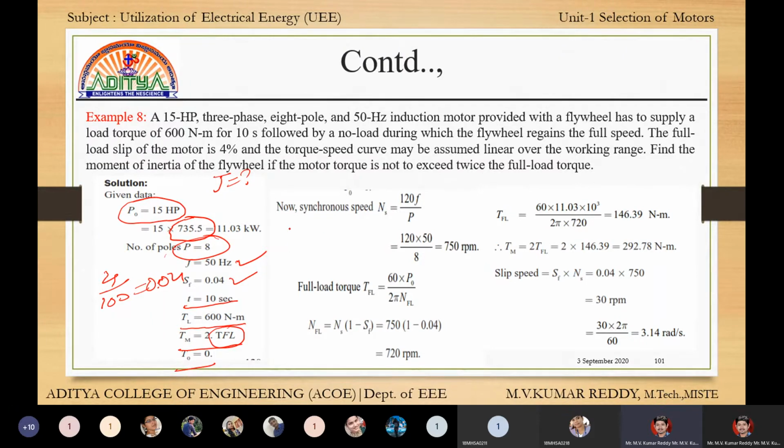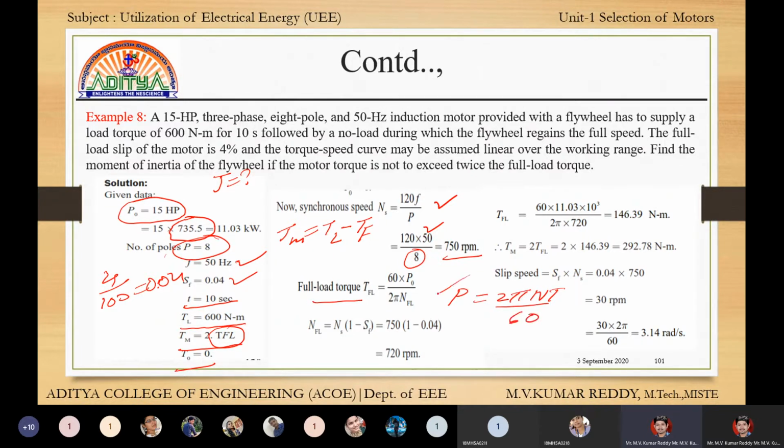Already we have the basic formula: motor torque is equal to load torque minus flywheel torque. First, find the synchronous speed. Synchronous speed is equal to 120 f by P, that is 120 into 50 divided by 8, which is 750 rpm. Power is equal to 2 pi NT by 60.